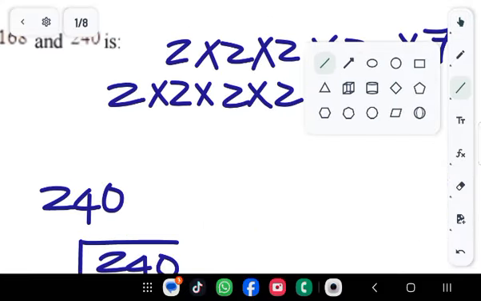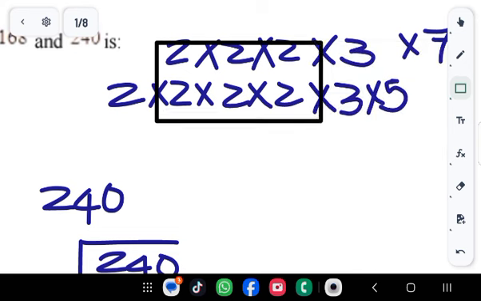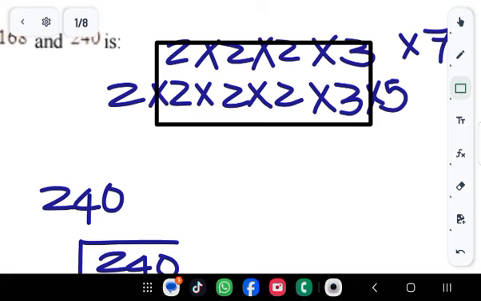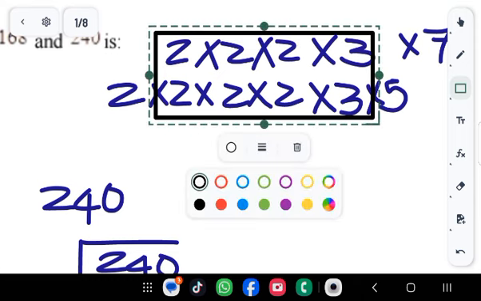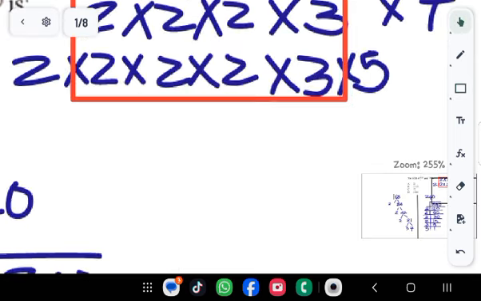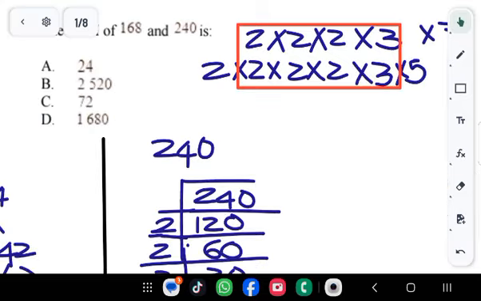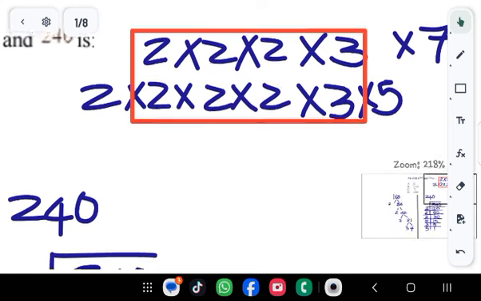put a circle or a square around all those that are common, the factors that are common. Here we go. So the factors that are common, let's make that red. Now this is how you then figure out what the lowest common multiple is. Now look at these ones that are common. You only use one set.